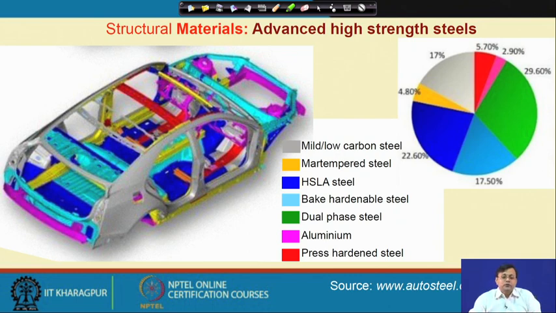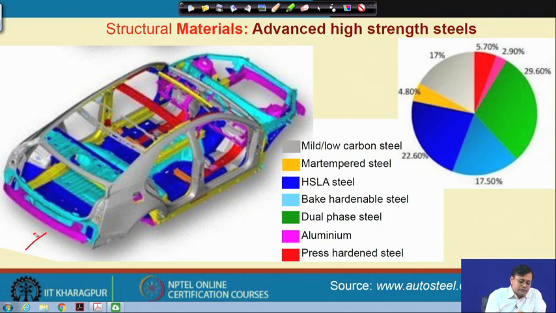Today, if we look at the structural components of a high end car, shown on the left hand side here, you see different colors given to show different grades of steel, where the conventional grades are well known, which are also used for any kind of household structure making, like mild steel or low carbon steel. But a large number of steels are also used for constructing the car.